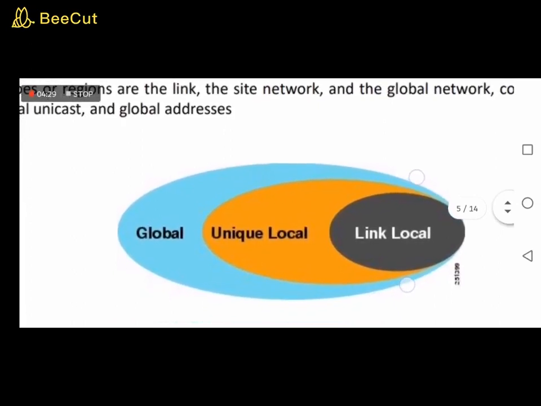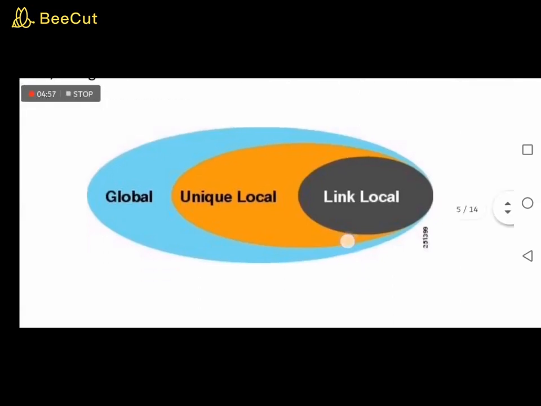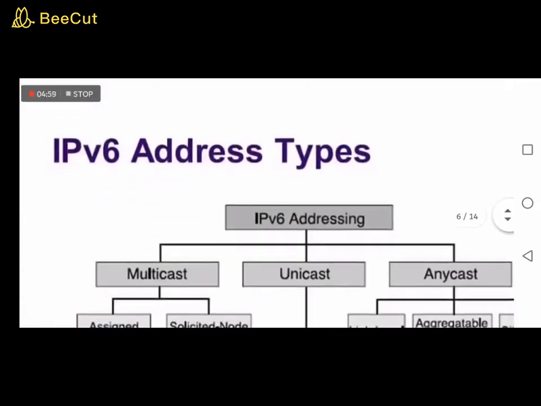Here, the inner ellipse, which is link local, corresponds to the LAN address of V4. Unique local corresponds to site range addresses of V6, and the global unicast address is the routable address.